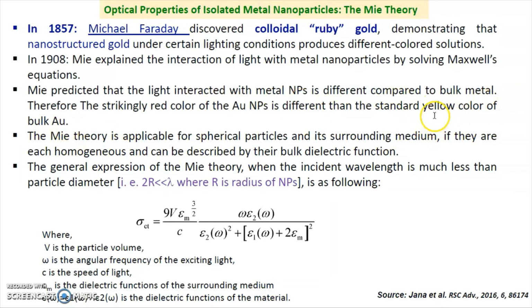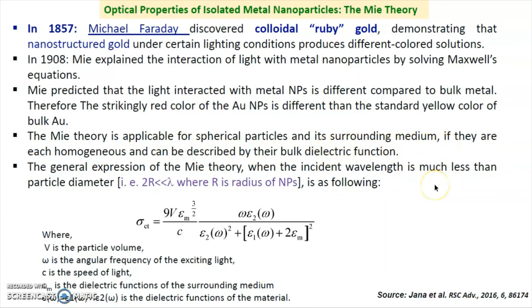In bulk gold the light interacted in a different way, and when you take an individual gold nanoparticle colloidal solution, you can observe that its color is red. This change in color is nothing but a change in the interaction of light with the metal nanoparticles. So the Mie theory is applicable for spherical nanoparticles and their surrounding medium.